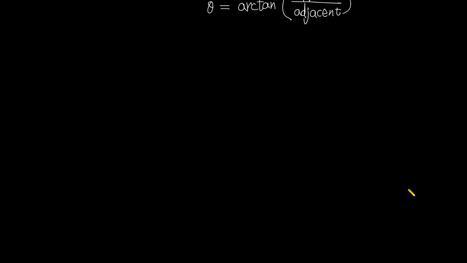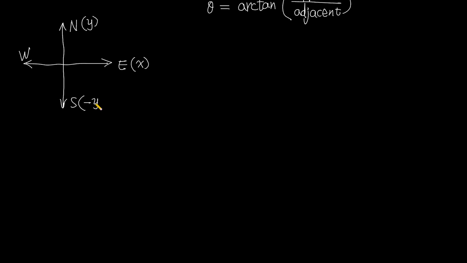Now we go back to the question. We define this is north, and this is south, this is east, this is west. We define north as positive y direction, east as positive x direction, and south as negative y direction, and west as negative x direction.